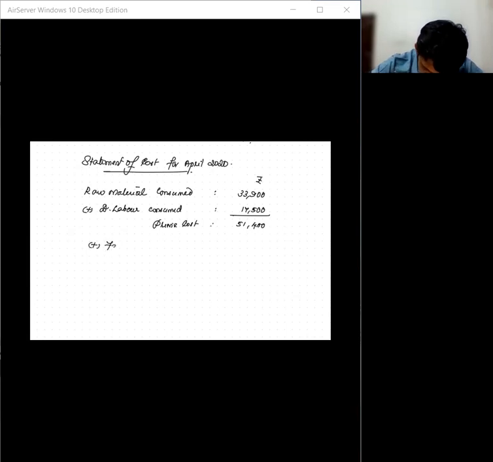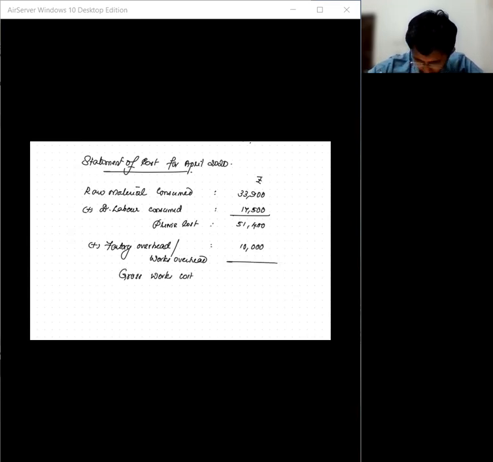Now add factory overhead or works overhead. That is 10,000. So you get the gross works cost, 61,400.